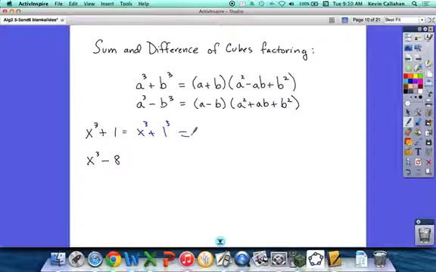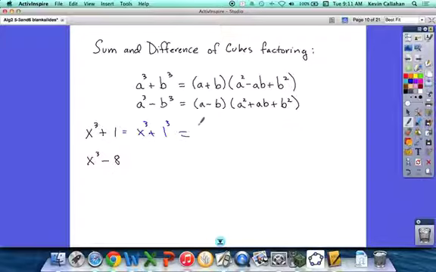So now I've written it as a sum of cubes, use the formula, right? So we're going to use this formula on top. What is it in our problem that takes the place of a? x. And what takes the place of b? 1. So everywhere you see an a, put an x, and everywhere you see a b, put a 1.